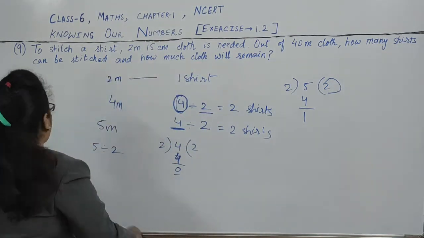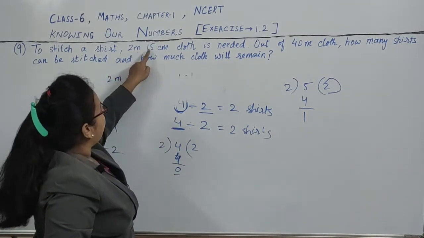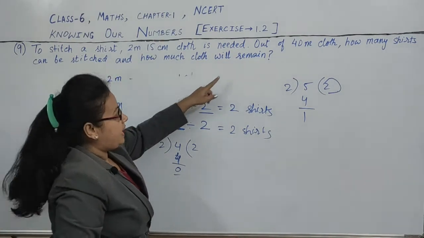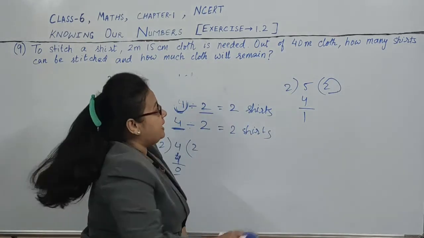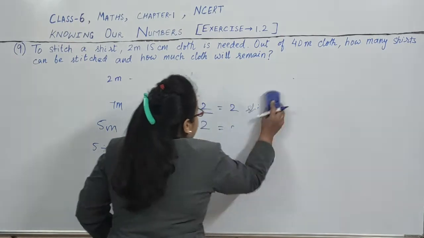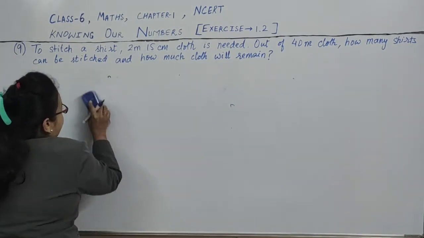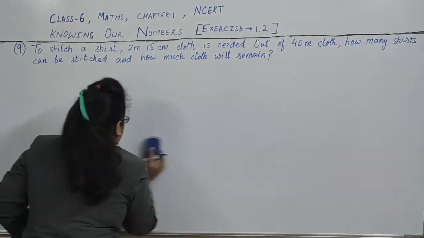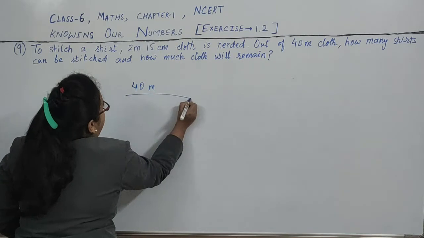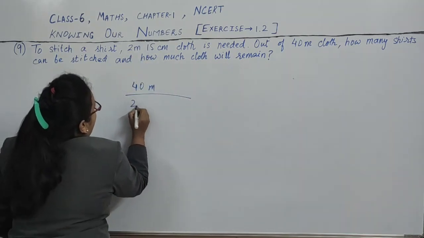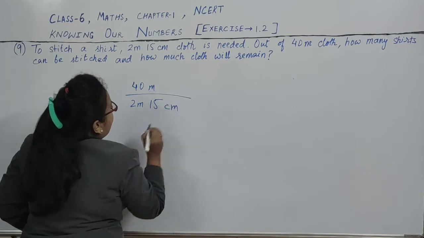Same here in this question, 1 shirt is made out of 2 meter 15 centimeter cloth, and out of 40 meter cloth we have to find how many shirts can be stitched and how much cloth will remain. We will divide the total cloth by the cloth required to stitch 1 shirt.